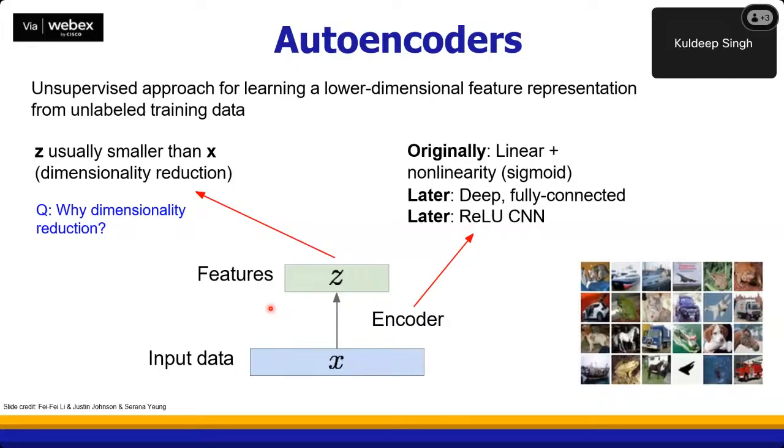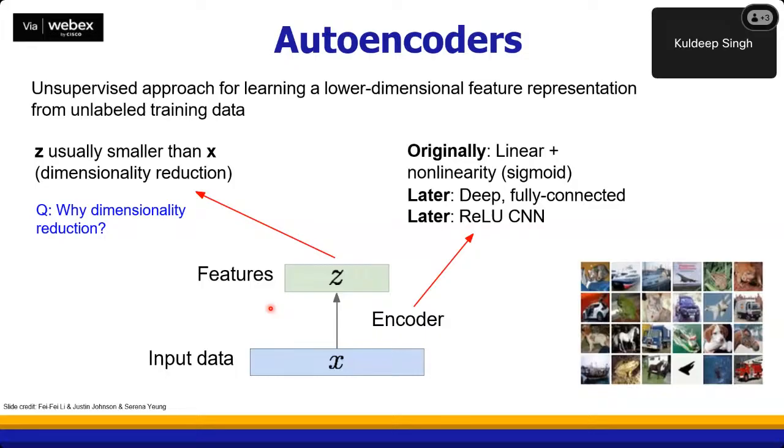We are only considering the axes in which we have maximum variation. I have got one answer from the chat: reducing the computational complexity. Yes, definitely. The more dimensions in the features, the more computation we need. So that is one of the advantages of dimensionality reduction. But the main purpose here is to remove the redundant dimensions, which are not helping us in any of the tasks.